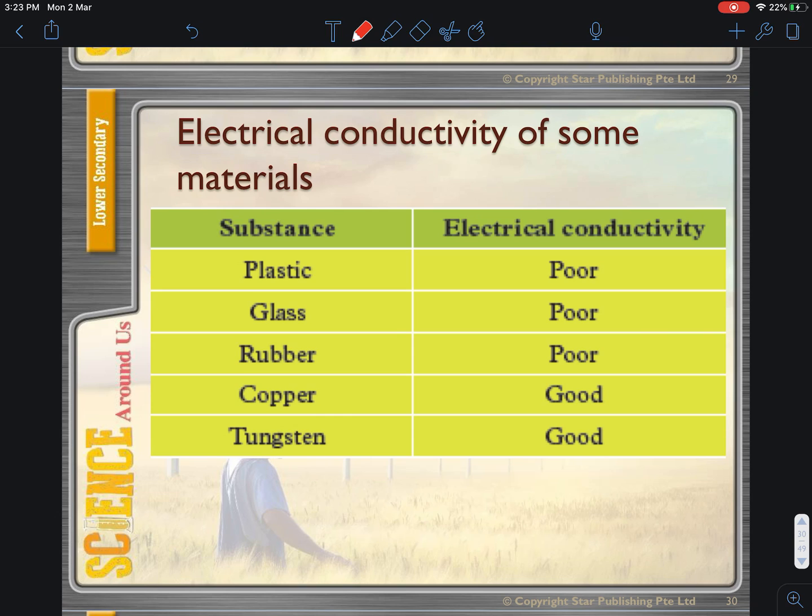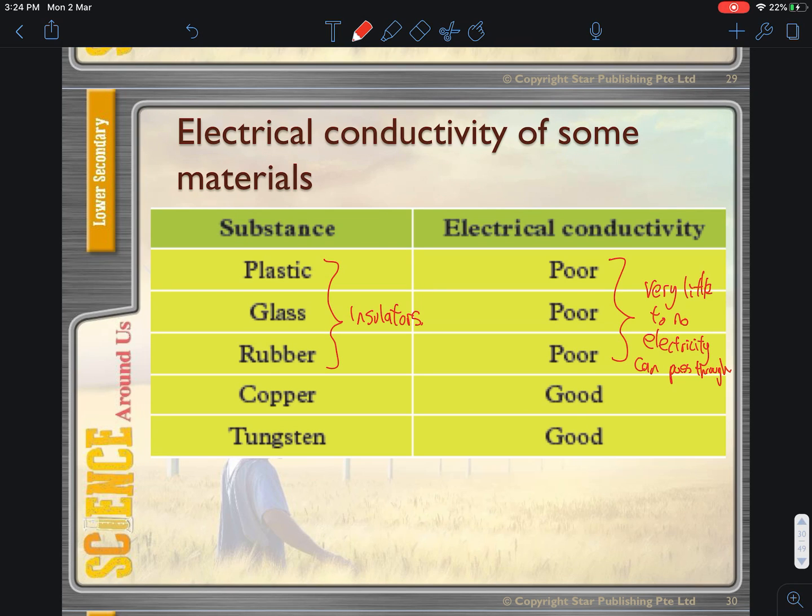For plastic, glass, rubber, they are very poor conductors of electricity, and most of the time we call these items insulators. So insulators are materials that have very poor electrical conductivity, meaning very little to no electricity can pass through.